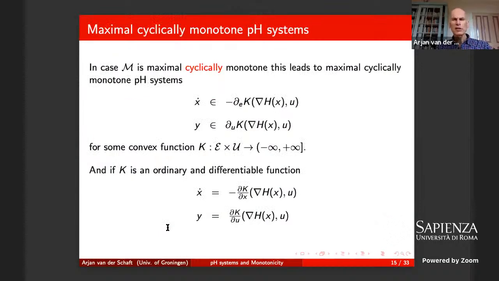So let's first focus on the cyclical case. So that means that such port-Hamiltonian systems can be represented into this form for a certain function k.